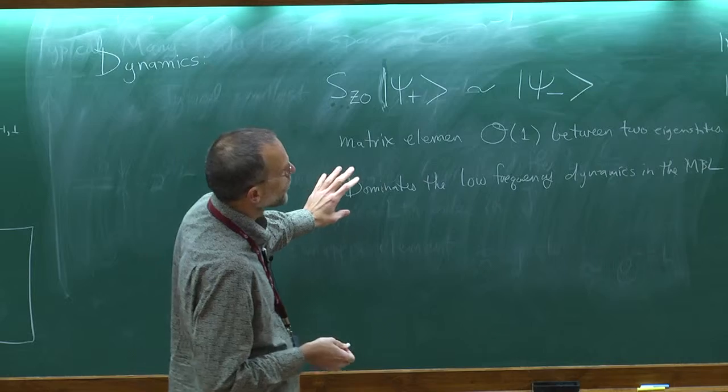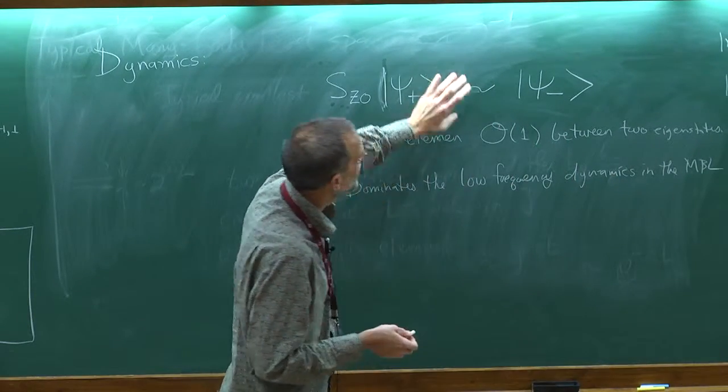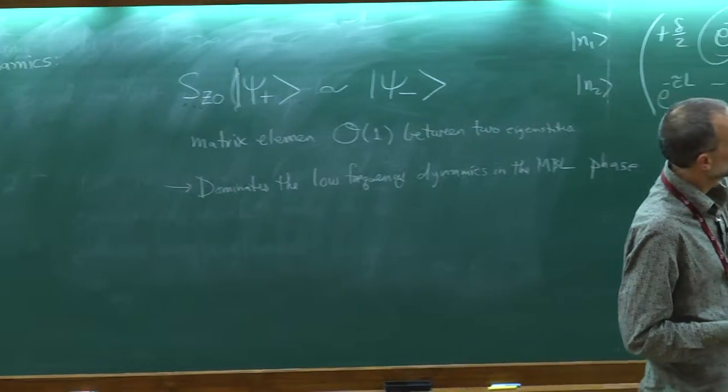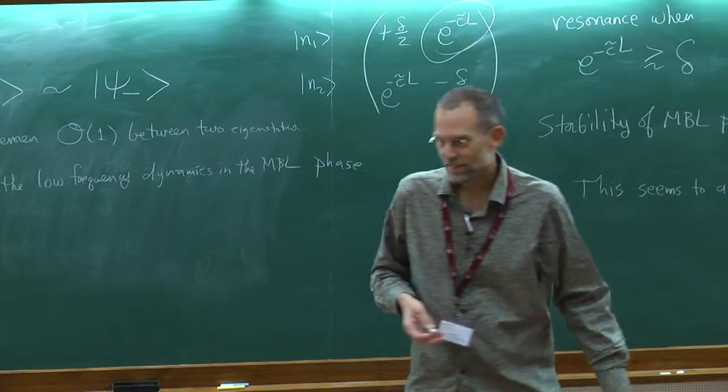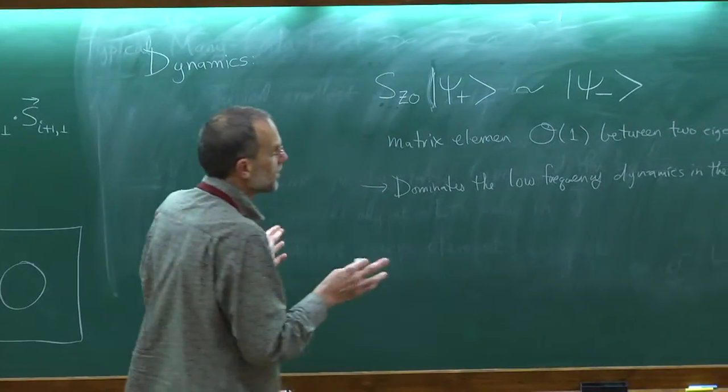So if you're at very low frequencies, to get a matrix element of order 1 and therefore dominate the signal, the way you do it is you have a resonance like this.